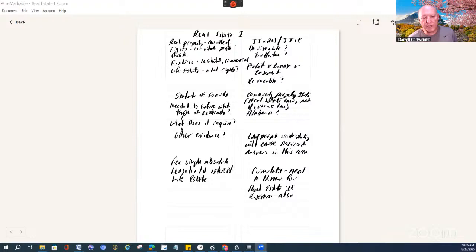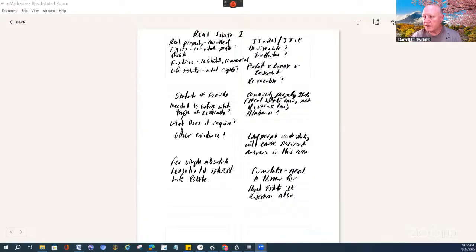You have examples including things like co-owners that are joint tenants. The two primary means, in the state of Alabama at least, are joint tenants with rights of survivorship and joint tenants in common. Are those divisible interests?